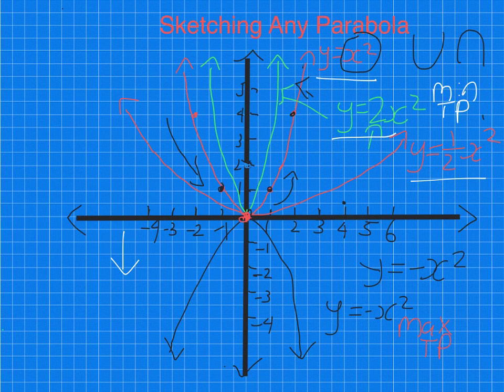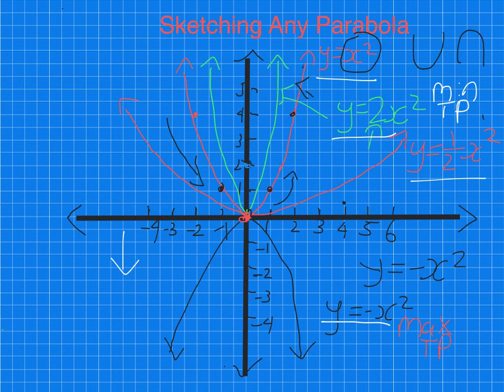So the minimum value y can take is 0, and that makes sense. For y equals x squared, I mean, you can't square a number and get an answer less than 0. So 0 is the minimum value y can take. So it's a minimum turning point, but for this one down here, 0 is the maximum. You can't have minus x squared equaling something greater than 0.